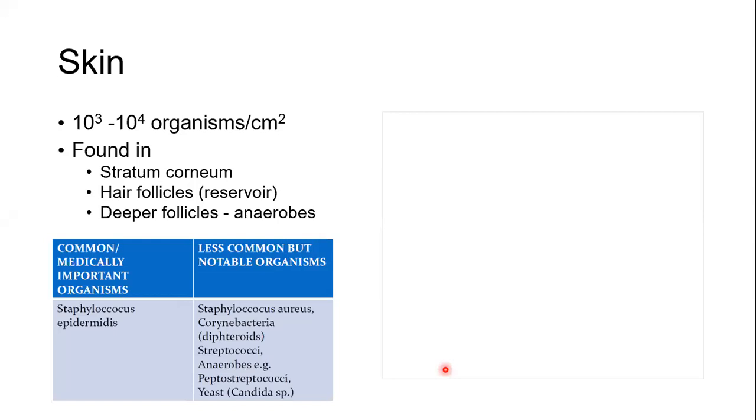These are mainly found not on the surface, but in the slightly deeper layers, in the deeper part of the stratum corneum. They're also found in the hair follicles, and the purpose of the normal flora in the hair follicles is to act as a reservoir. So basically, if you replace what's on the top, then it acts as a feeding mechanism, releasing a fresh supply of normal flora.